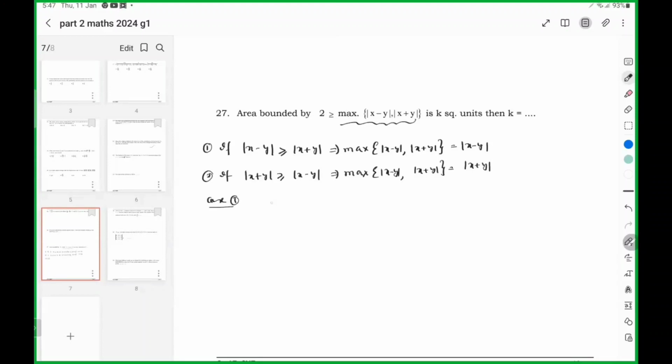So case 1, test. In case 1, mod of x minus y, so mod of x minus y, that means x minus y lies between, so x by 2 plus y by 2 in one case.